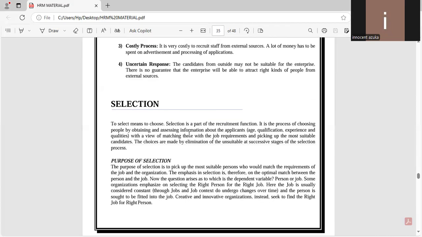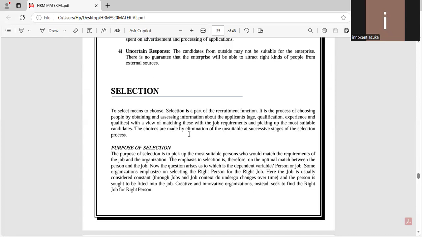Selection. To select means to choose. Selection is a part of recruitment function. It is the process of choosing people by obtaining and assessing information about a particular job, such as the applicants' age, qualification, experience, qualities.